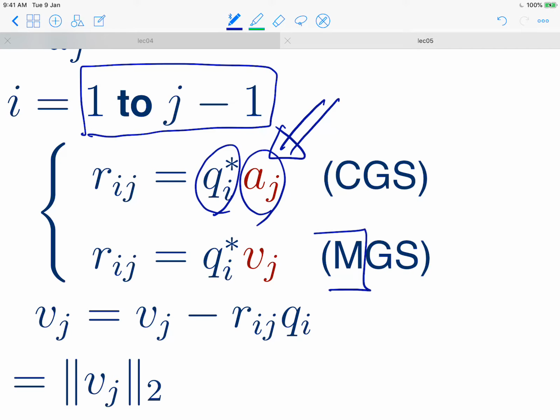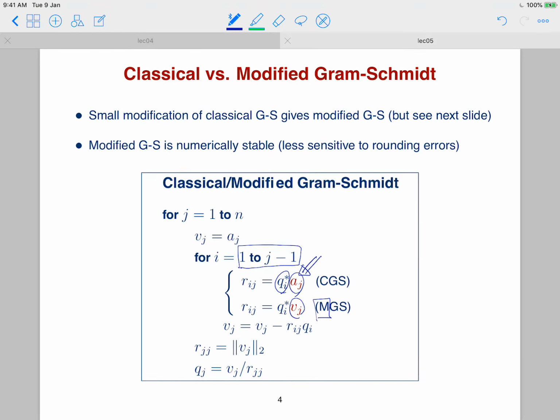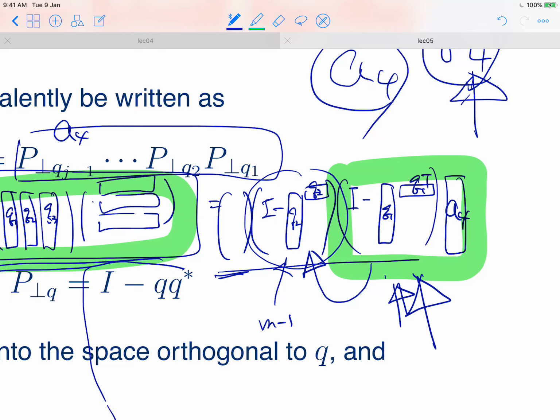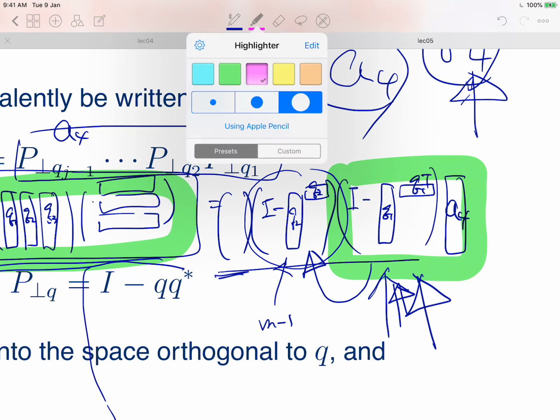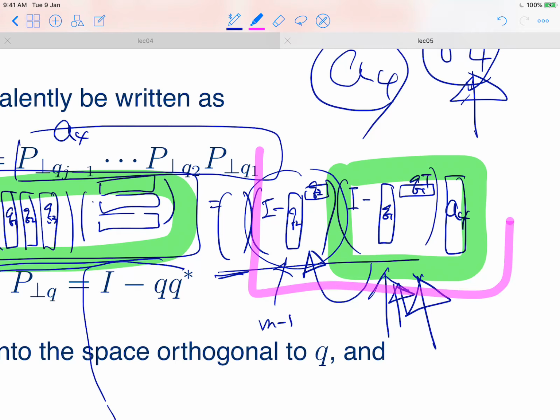But in the case of the modified one, it is computed as an inner product with Vj, where Vj is the intermediate output like this part. So those parts are called V1, V2, and so on. Okay.